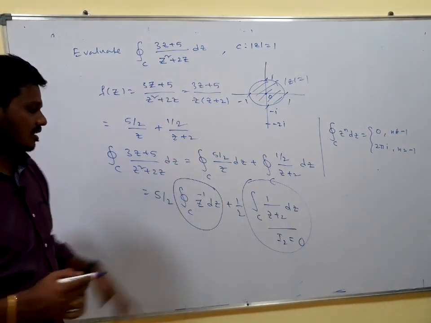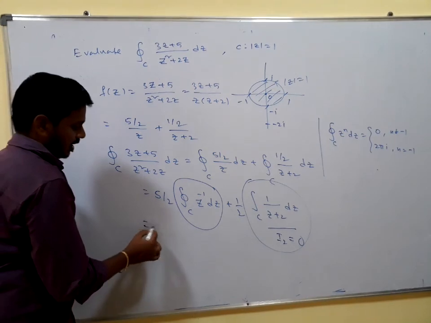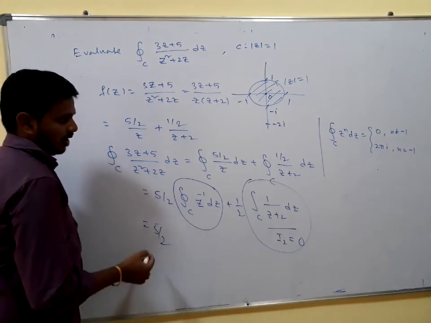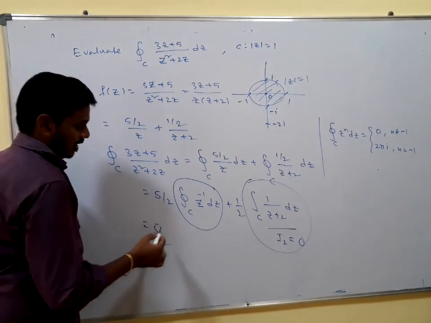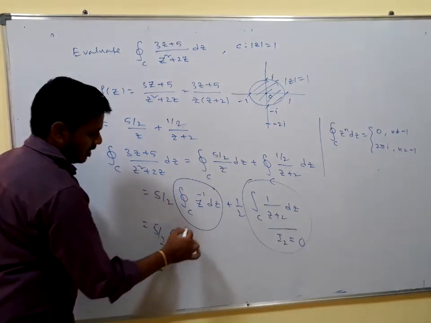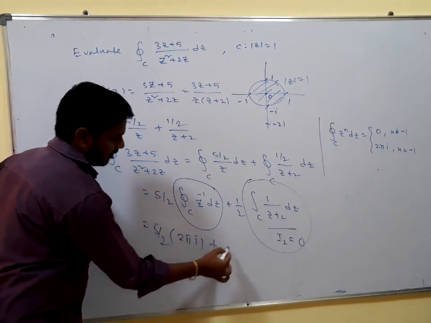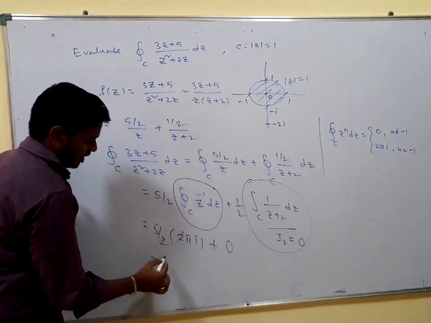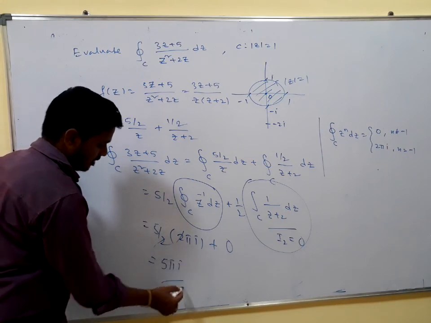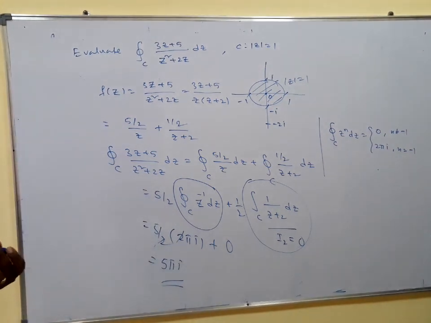So using that formula, we write 5 by 2 into 2 pi i plus the integral value 0. The 2 gets cancelled, and 5 pi i is our answer. This is about the problems on Cauchy's integral formula.